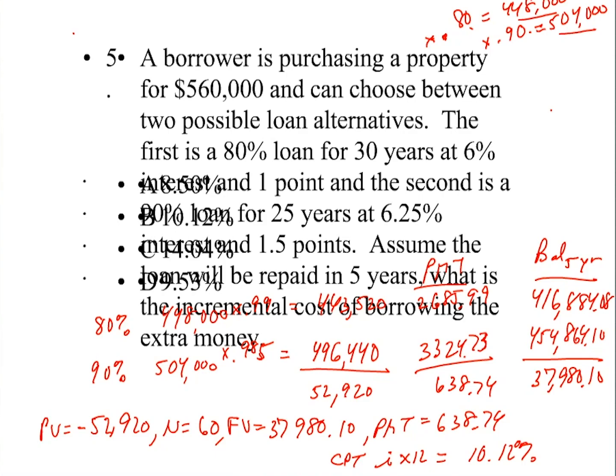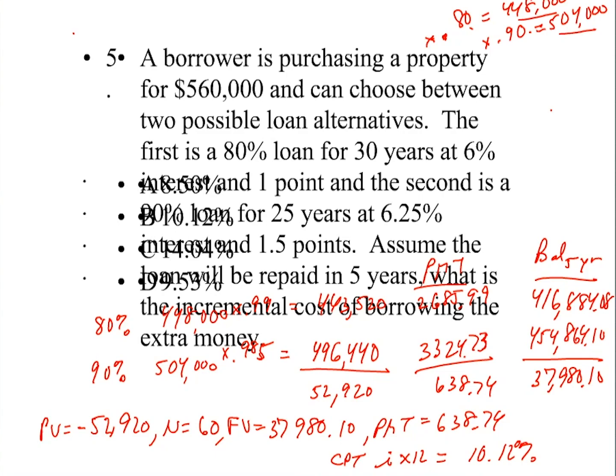The 80% loan, $448,000, but we're only going to receive 99% because we have to pay 1 point, or $443,520. The 90% loan, we're going to receive 98.5%, so we have to pay 1.5 points. So 504 times 0.985, $496,440. The difference between those two amounts, the amount we borrowed less the points, is $52,920. That's going to be our present value.